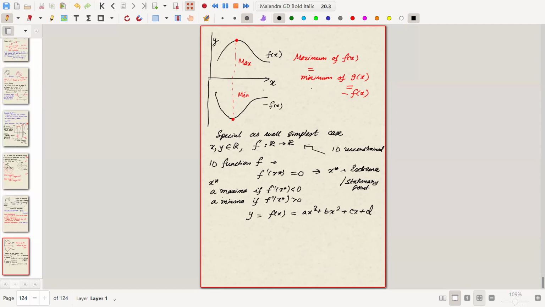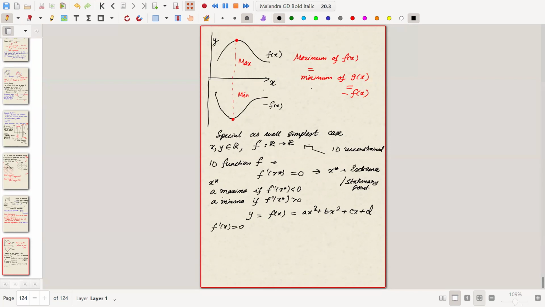I have just told you how to do it in Python, but if you want to solve it analytically and find the stationary points, what will you do? You will take f prime of x and set it to 0.